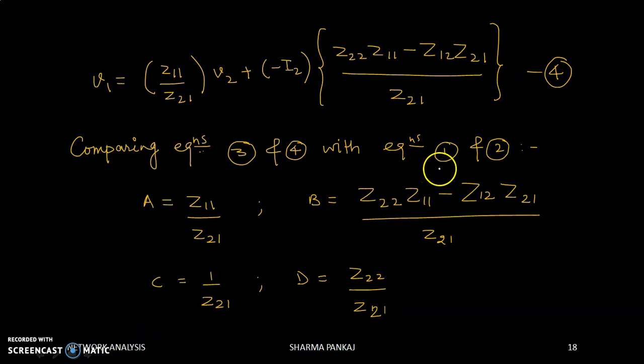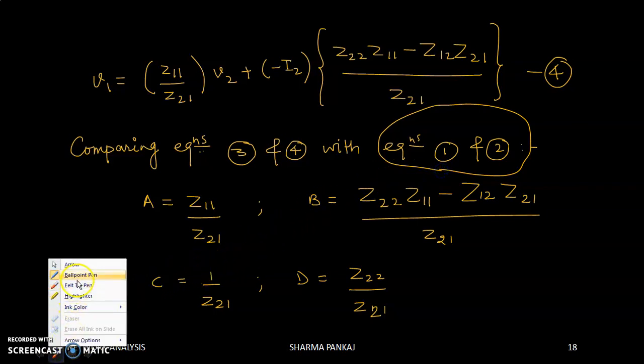Equation 1 and 2 are actually the governing equations of the ABCD parameters. I'm going to show you.